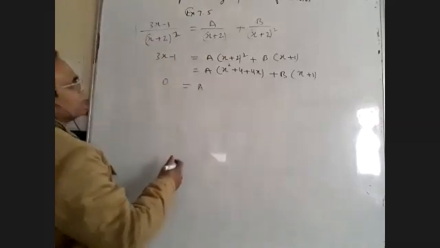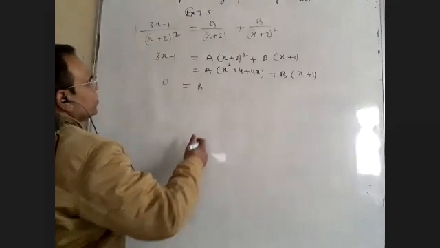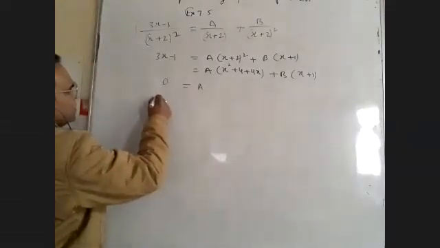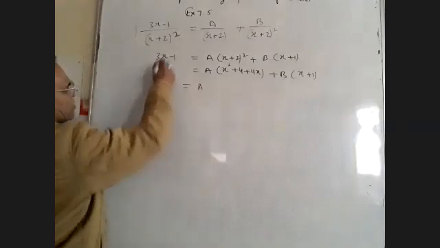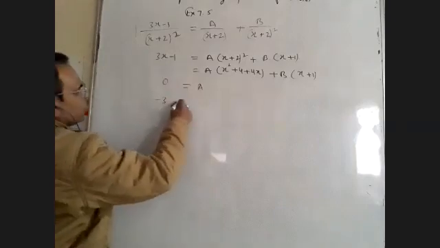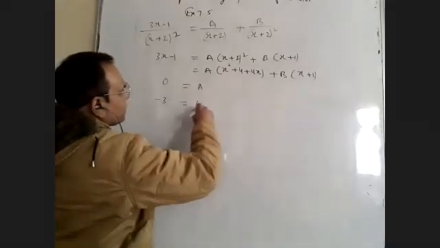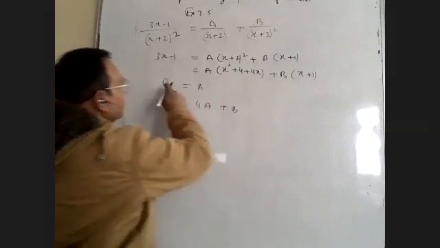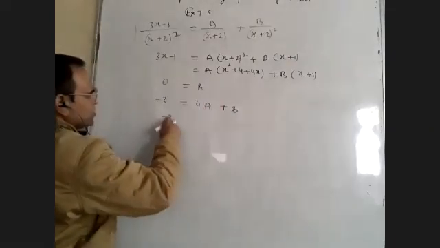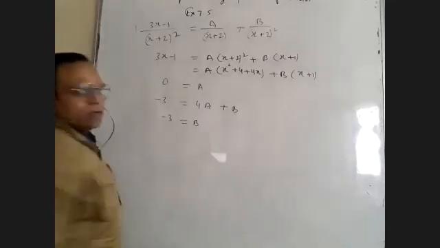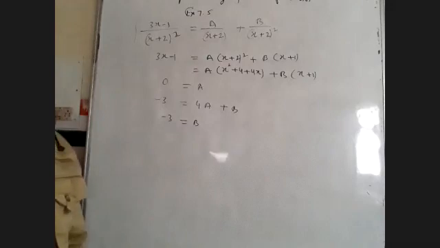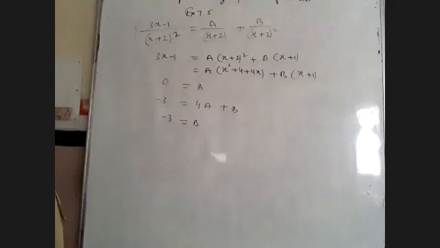So what about the value of b? For getting the value of b, we compare the constant term. The constant term is minus 3 equals 4a plus b. The value of a is 0, so minus 3 equals b. The value of b is minus 3. Now put the values of a and b here.